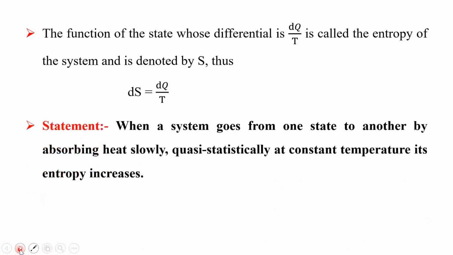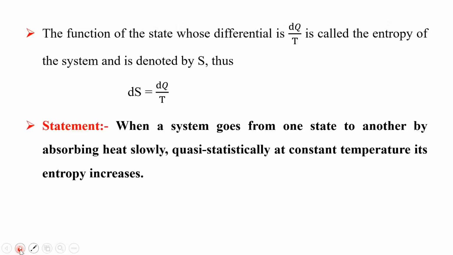The statement of the second law of thermodynamics is: when a system goes from one state to another by absorbing heat slowly, quasi-statically, at a constant temperature, its entropy increases. That is the statement of the second law of thermodynamics.